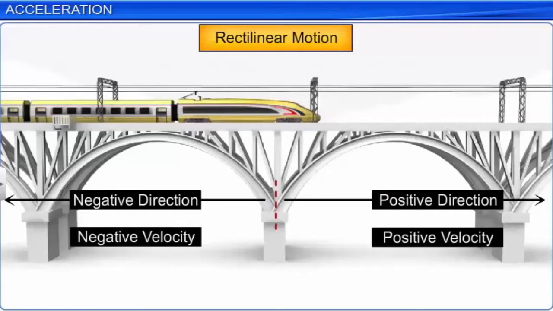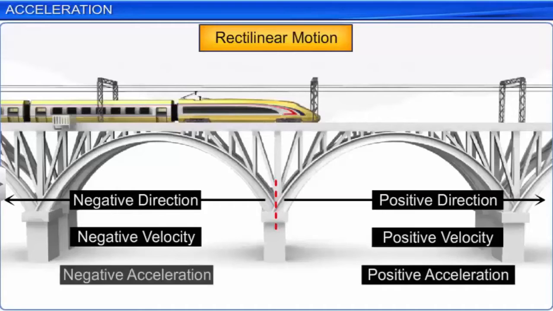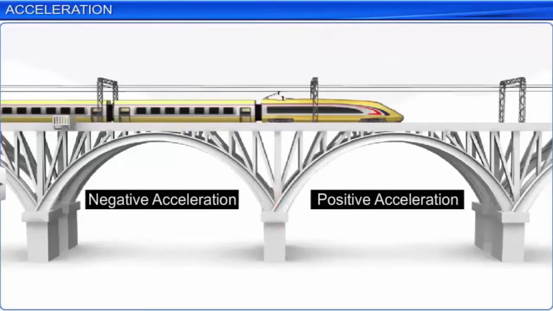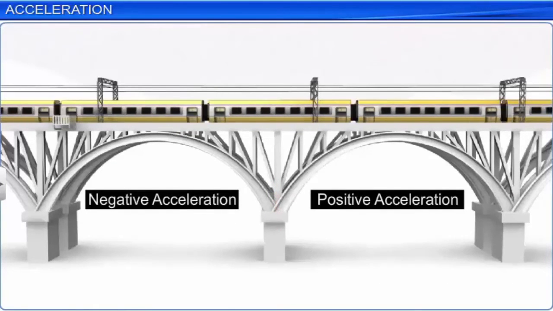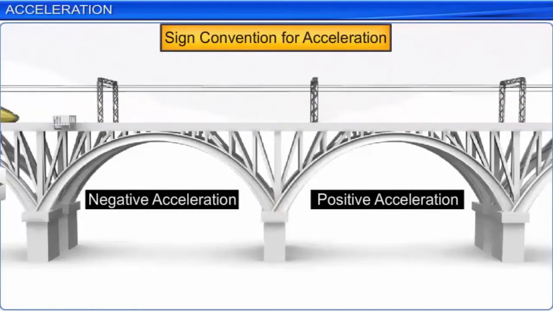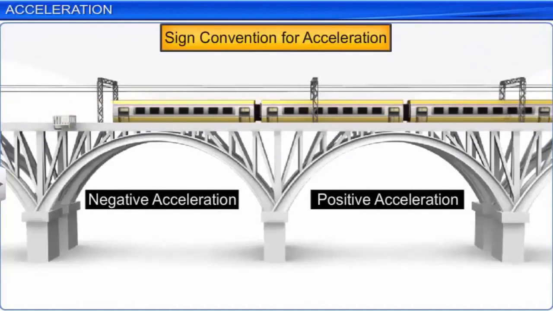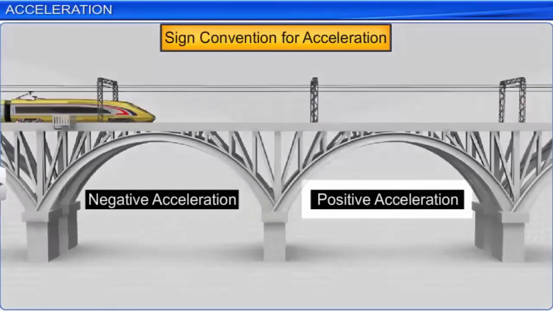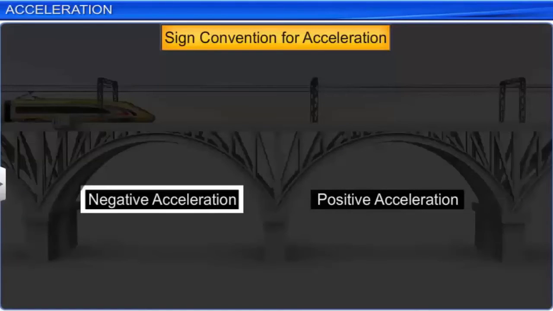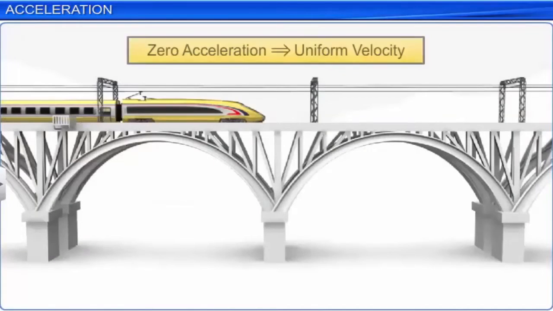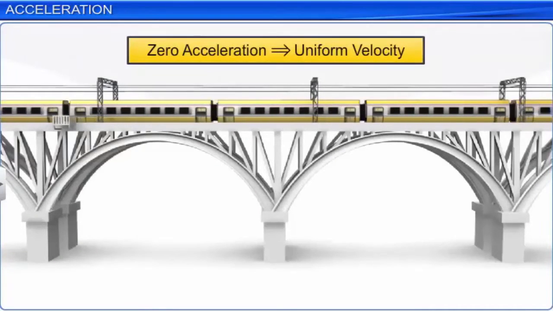Formulating a proper and consistent sign convention for acceleration is very important. Let's understand what constitutes positive and negative acceleration. Zero acceleration stands for uniform velocity. That is, the velocity does not change with time.